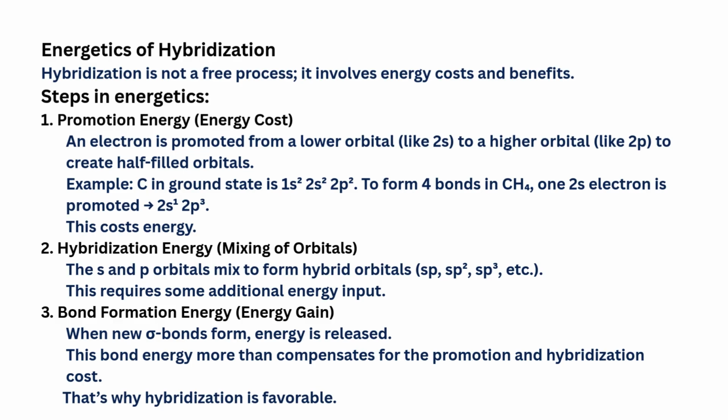When new sigma bonds form, a large amount of energy is released. This release of energy is greater than the earlier costs and makes the overall process energetically favorable. That is why hybridization happens naturally and it gives us a stable molecule with strong sigma bonds.